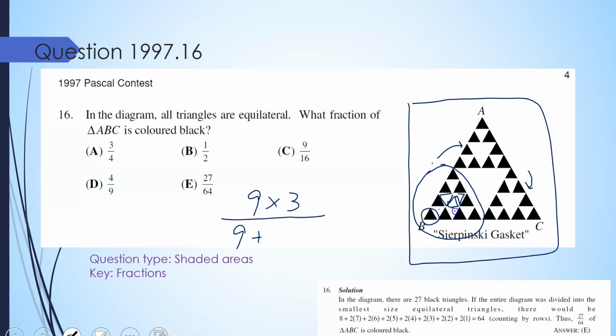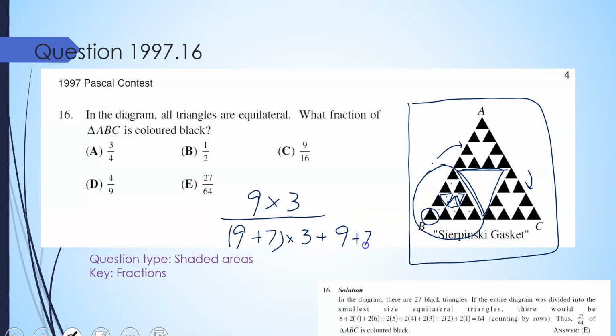We have 1, 2, 3, 4, 5, 6, 7. We have 7. So altogether, let's times 3 plus in the middle ones, we have our big white triangles.